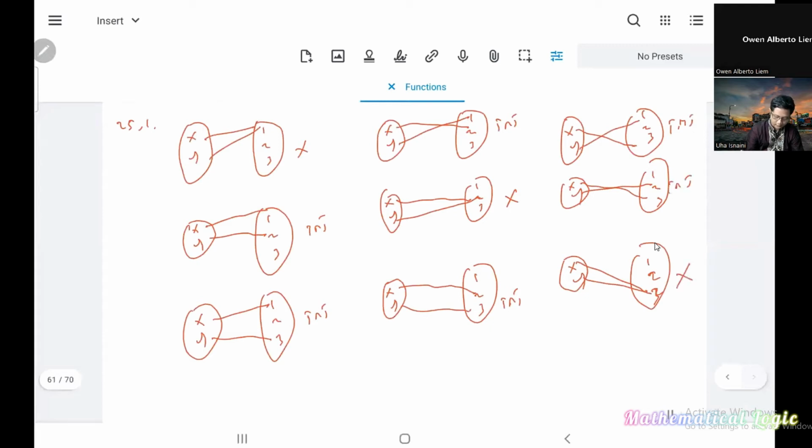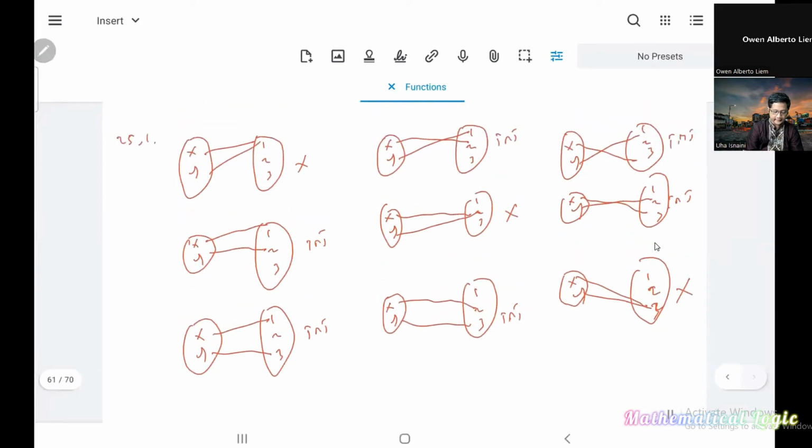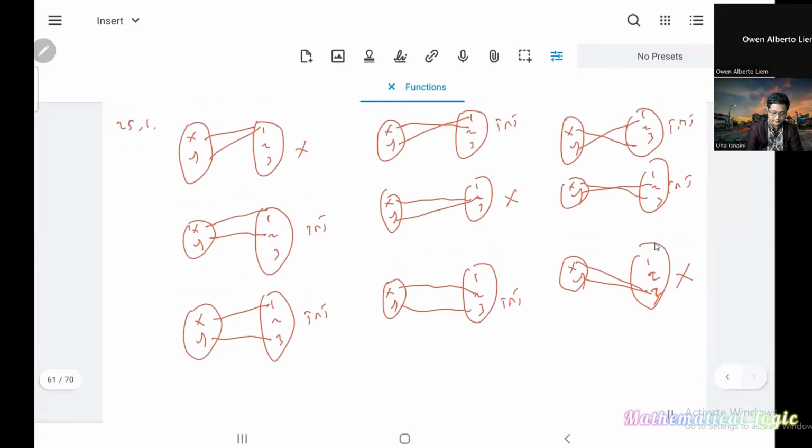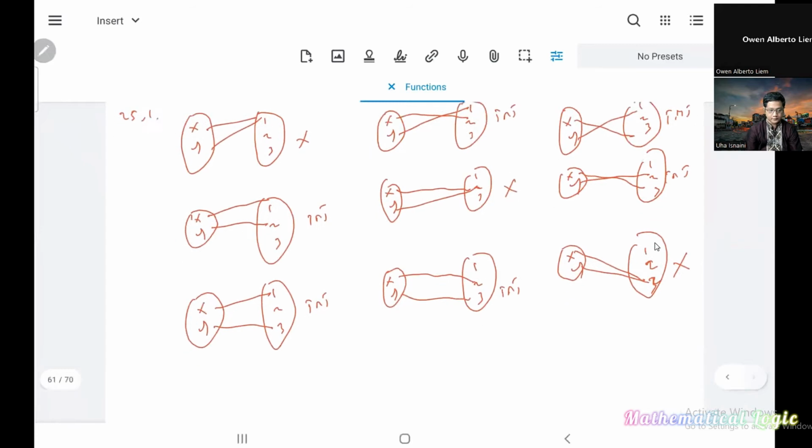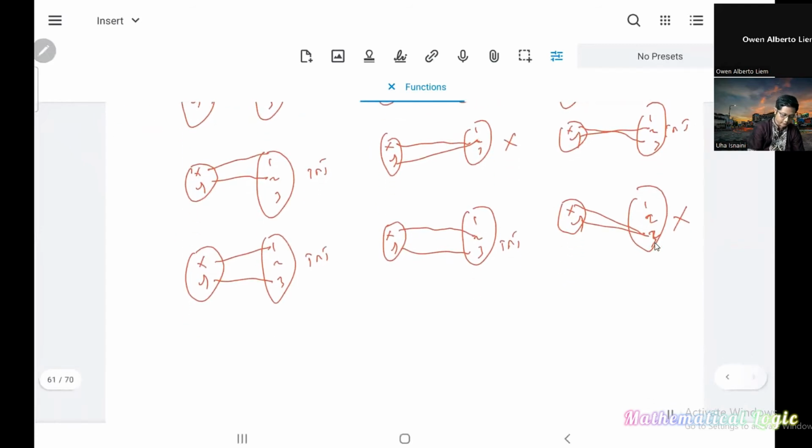This one no. Okay, so that's the idea of how to list all possibilities. We are not only trying to list the possibilities, but we have to make sure that we have all of them. So that's the challenge of this question.